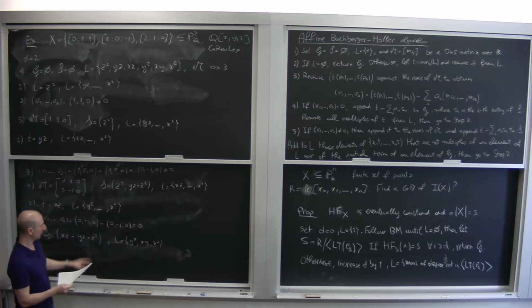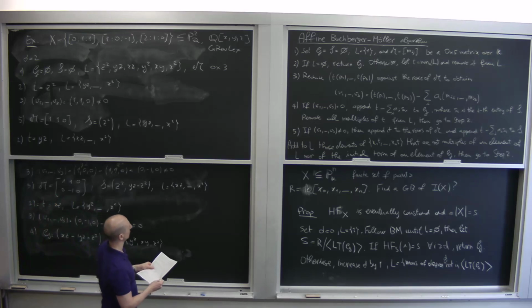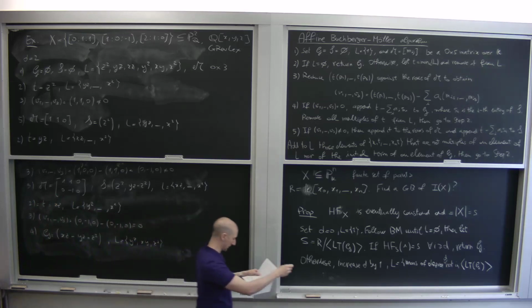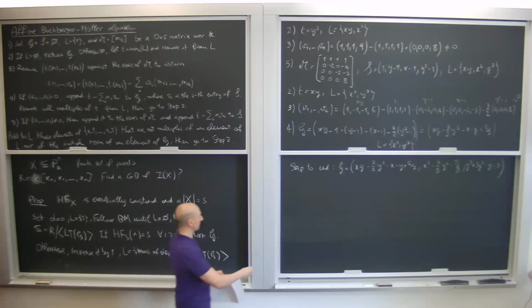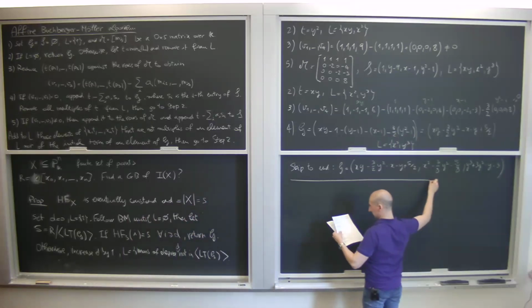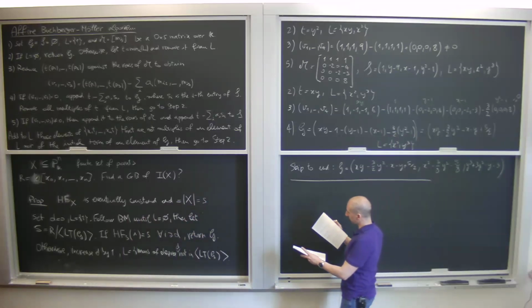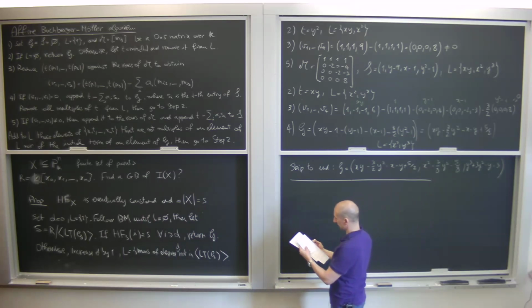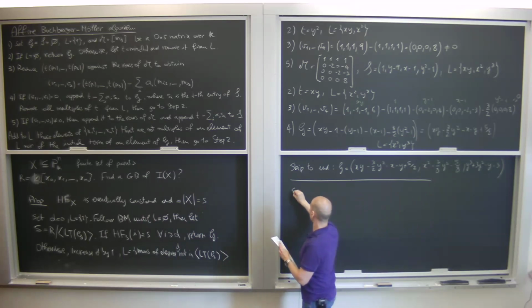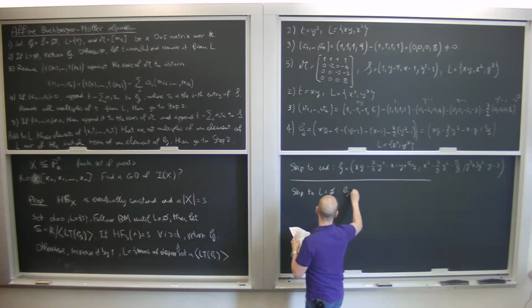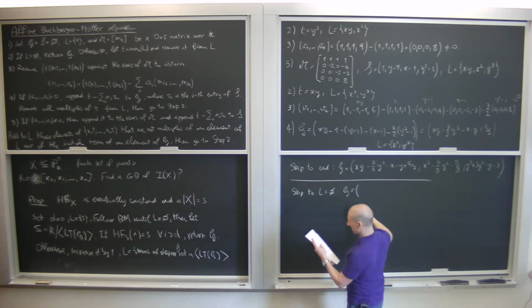Okay, so if you run through until L is empty, then you will get, and where should I put this? Maybe I have to put it over there. I just want to show you this partial Gröbner basis, what that looks like. So skip to L empty, and you get that thing.